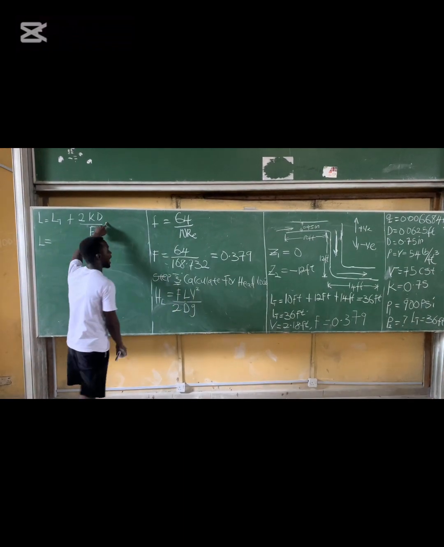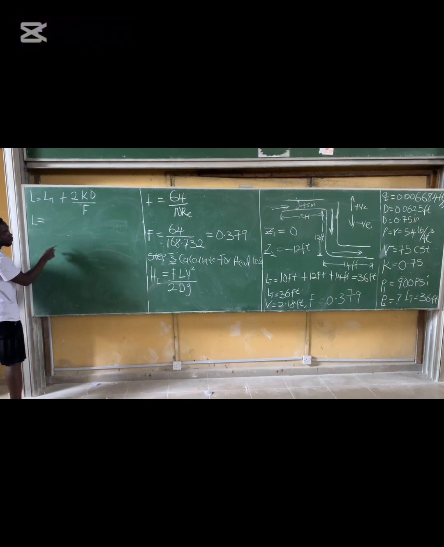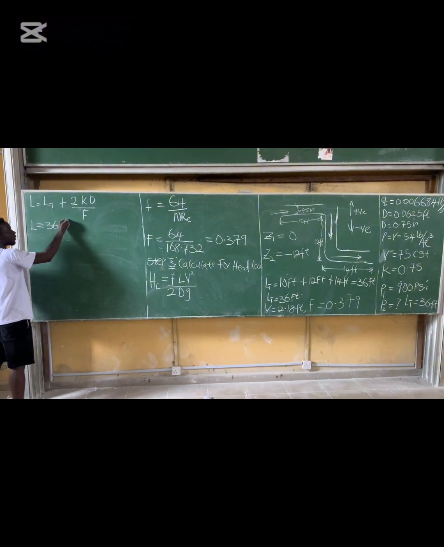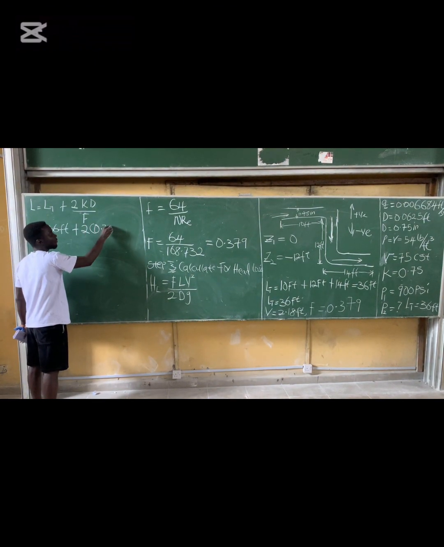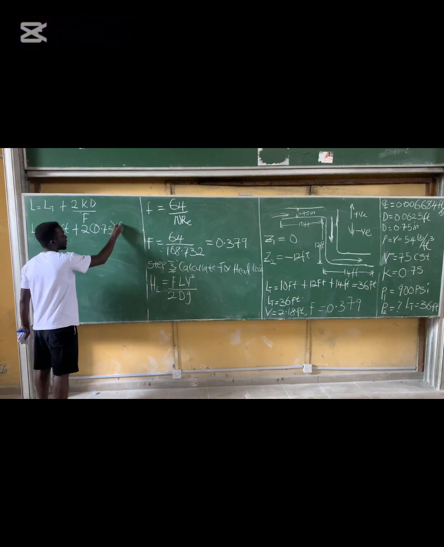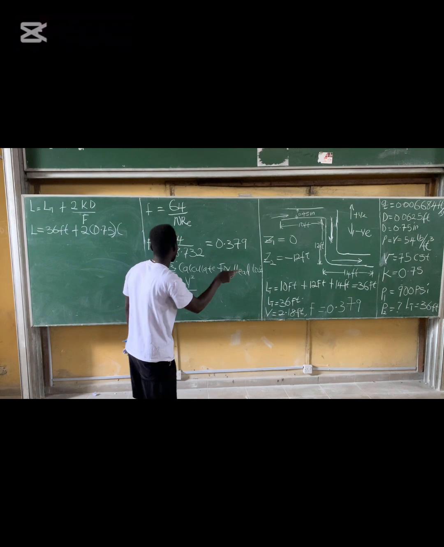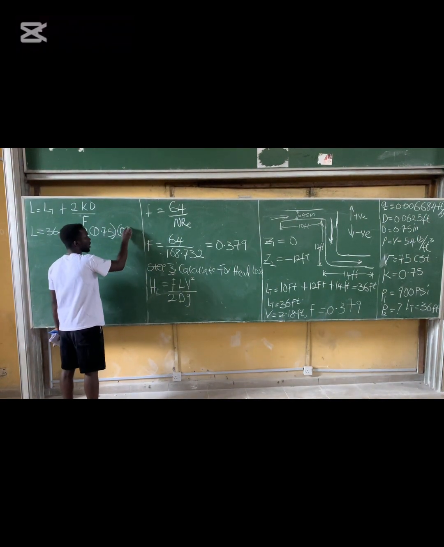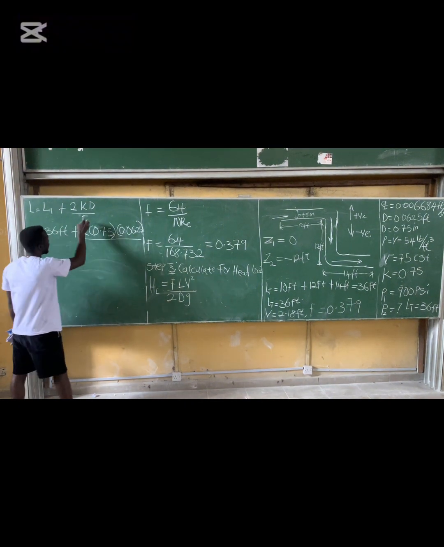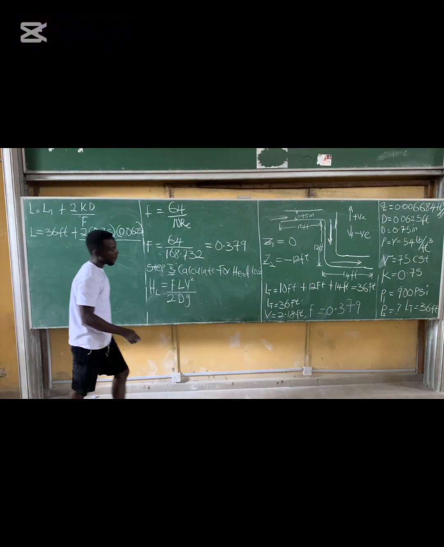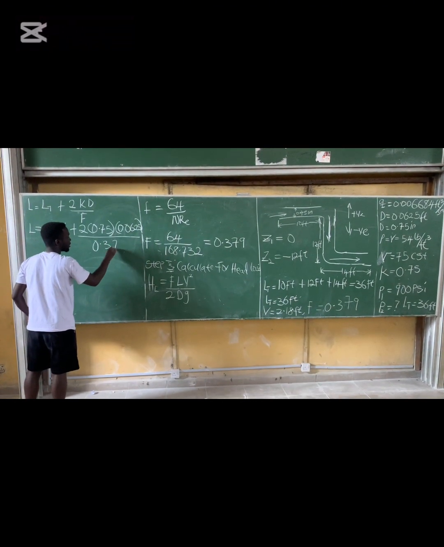Then the D here is the diameter of our pipe. It is in feet. So if we substitute, our total length is 36 feet plus 2 times K, given as 0.75, and our D is in feet, 0.0625, all divided by the friction factor, which is 0.379.